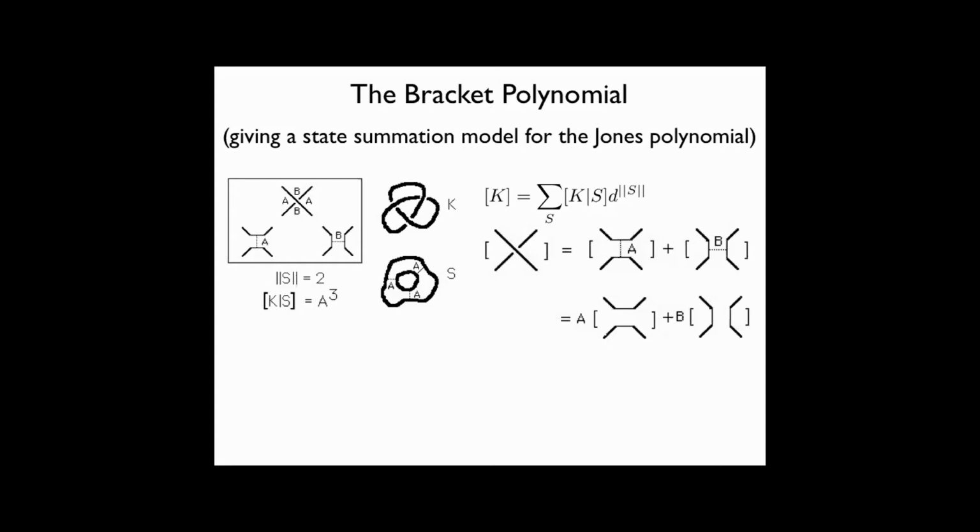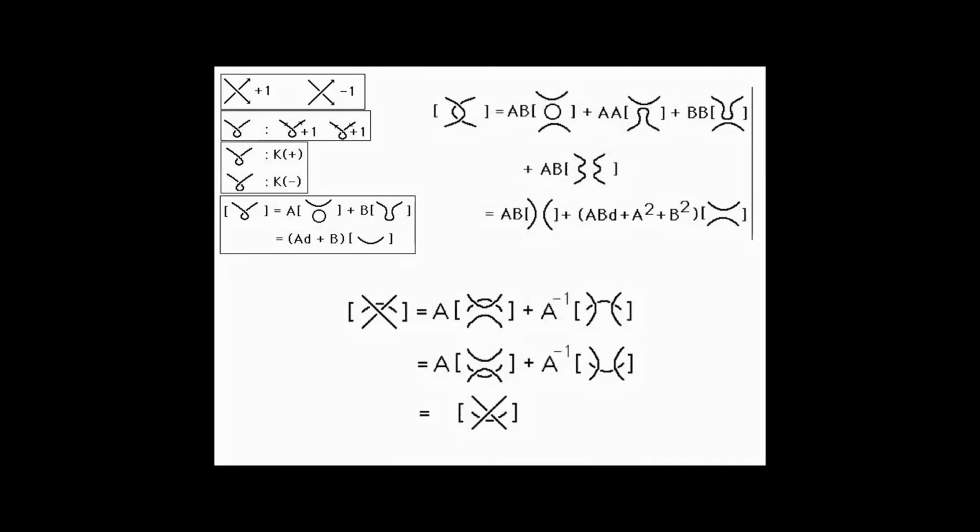Of course, the definition I just gave you is well defined. We have simply said it's a sum over these particular combinatorial things, each of which is well defined. And then we can examine how it behaves under the Reidemeister moves. For that purpose, I have shown you in this slide how it behaves under the second Reidemeister move up at the top. The second Reidemeister move, I used the skein relation and expanded it.